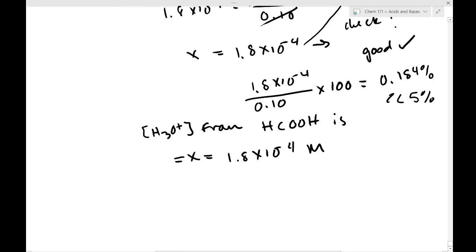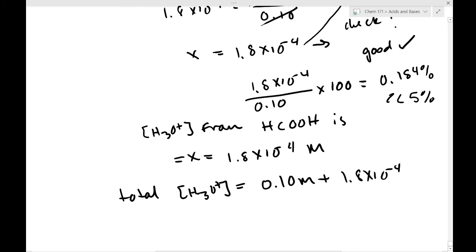Now the total amount: total H3O plus so far is equal to 0.10 molar plus 1.8 times 10 to the minus 4, which is 0.10018.